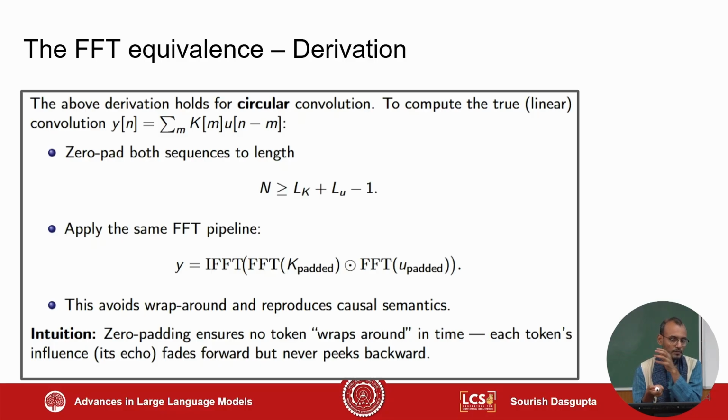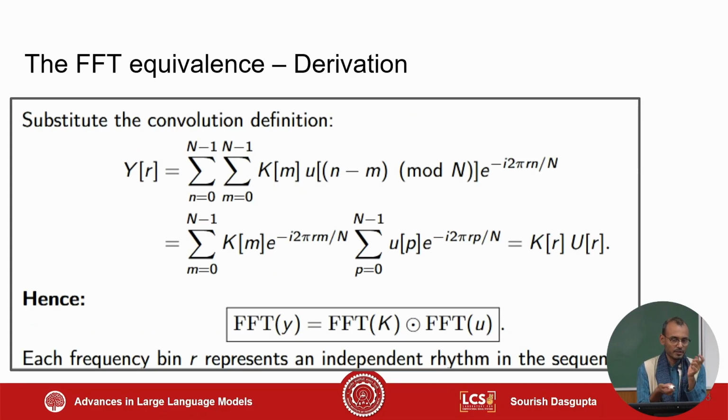So when we say FFT of K and FFT of U, we pad them and then do the FFT. But the derivation is a very simple one of how we get to FFT of Y being the same as FFT of K, Hadamard FFT of U.